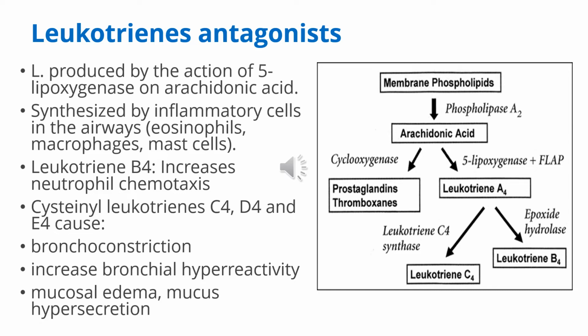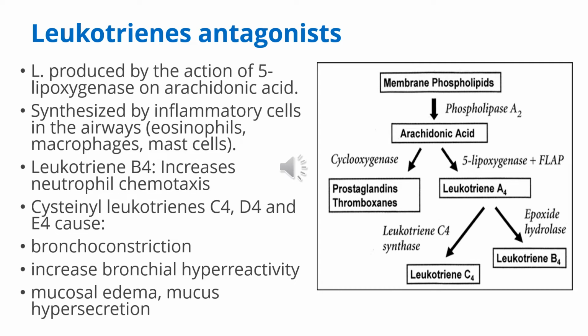Next class of anti-inflammatory drugs: leukotriene antagonists. Leukotrienes are produced by the action of 5-lipoxygenase on arachidonic acid, synthesized by inflammatory cells in the airways: eosinophils, macrophages, mast cells. Leukotriene B4 increases neutrophil chemotaxis.